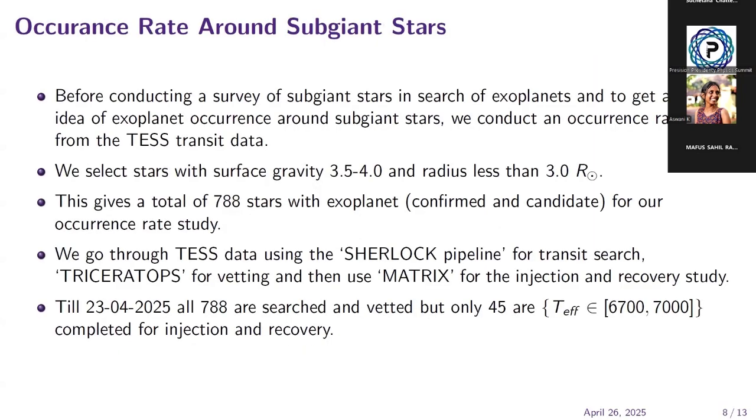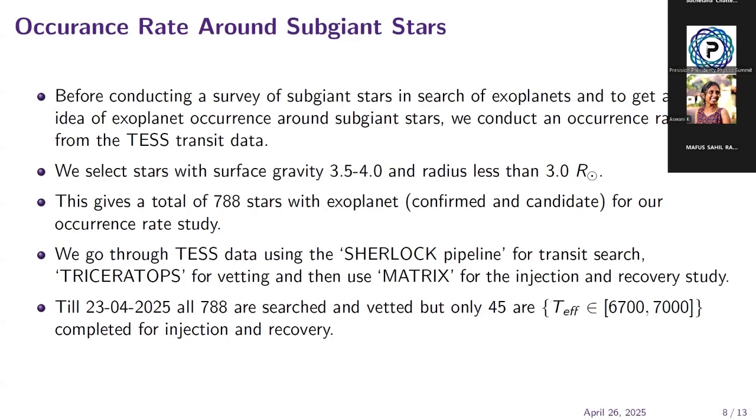For the uniformity and homogeneity of an occurrence rate, which is to get an idea of the exact number of planets we would expect around these subgiant stars, we take a sample from TESS. We set a surface gravity limit of 3.5 to 4 log g with radius less than 3 solar radii.